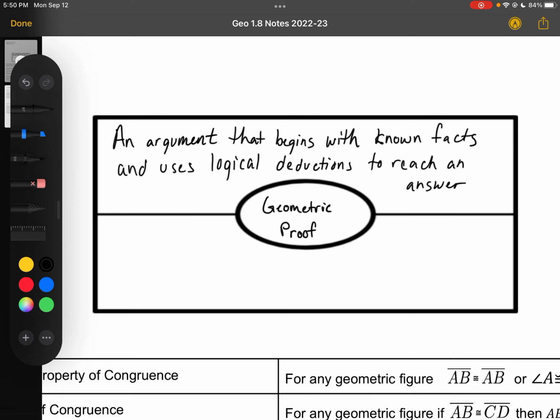So a couple things to remember is that every time that you have a proof, you have a given statement and a prove statement. The way that we structure proofs is on the left side we have our statement, and on the right side we have our reason. And the first thing that we always have in our first line, no matter what, is what is given to us.